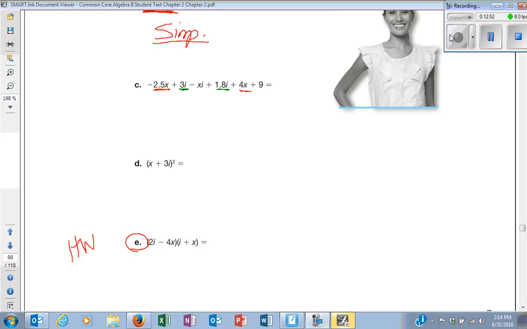So anyways, here we go. If I have a negative 2.5x, and I can add 4x, those are like terms. Then I can combine plus 3i and plus 1.8i. And then at the end, I had minus xi, which doesn't have anything in common, and then plus 9. So those are the like terms.